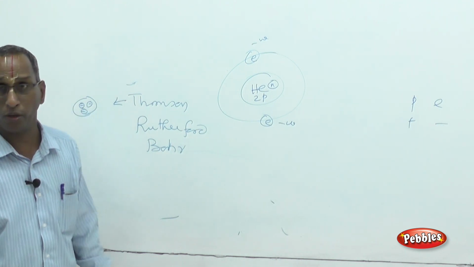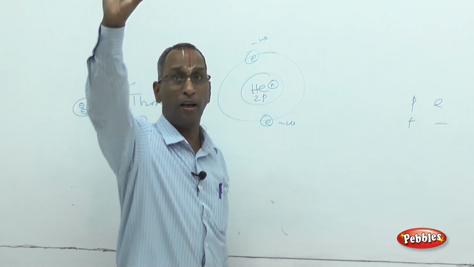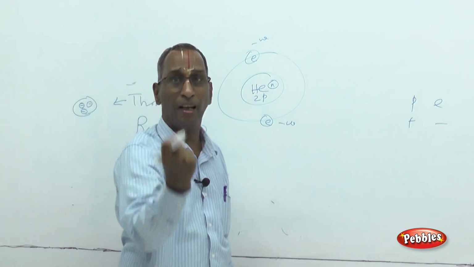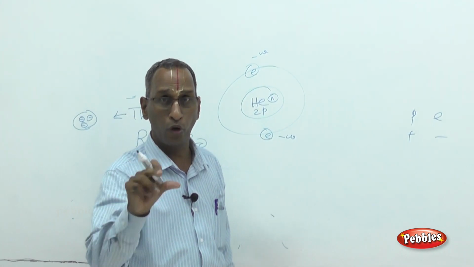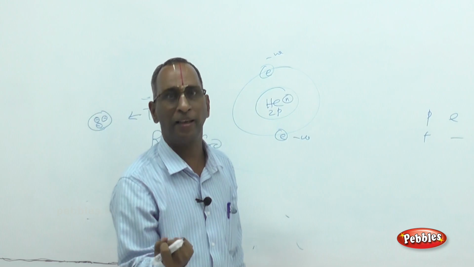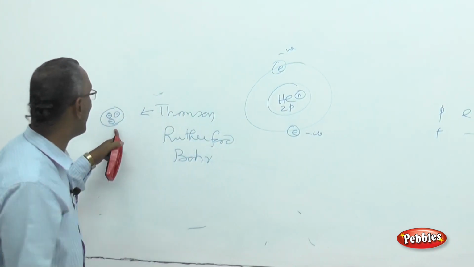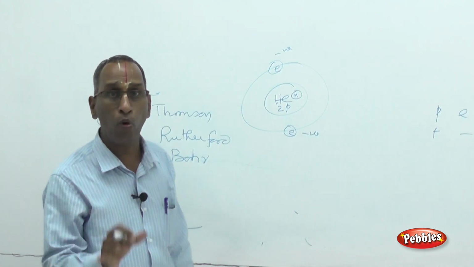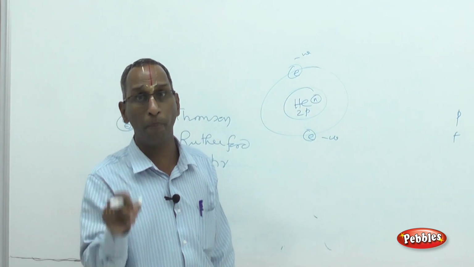Cloud means a continuous material. You can see the clouds, but you cannot catch the clouds. They have some mass. He described the atom as a cloud of positive charge into which negative charges are embedded.